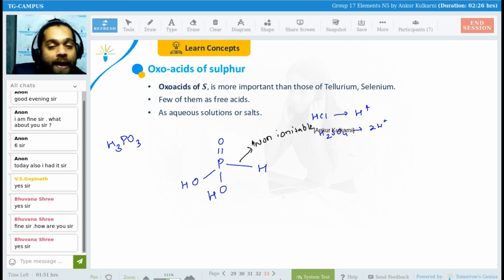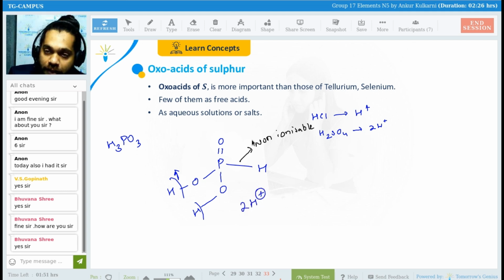But the O-H bond is ionizable due to electronegativity. That's why it gives you 2 H plus, not 3. Is it clear? It will give you 2 H plus.